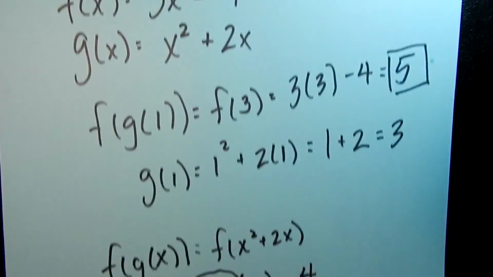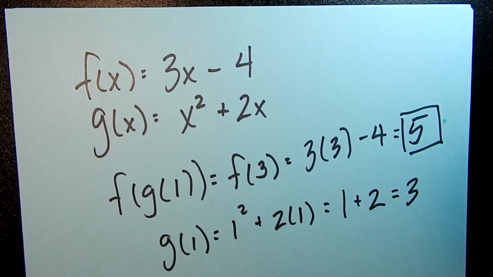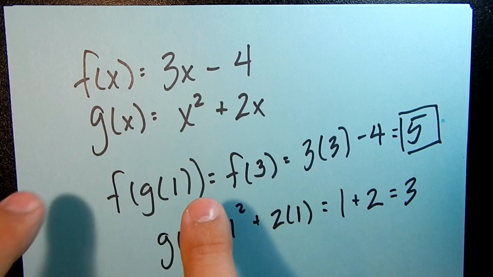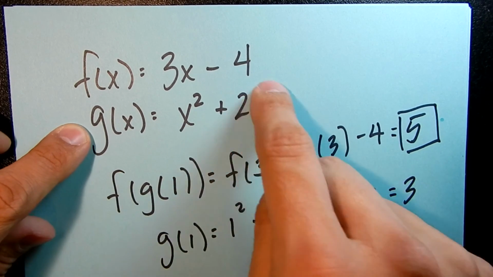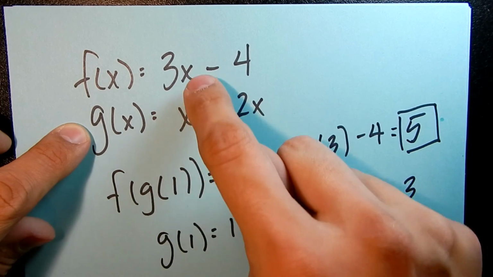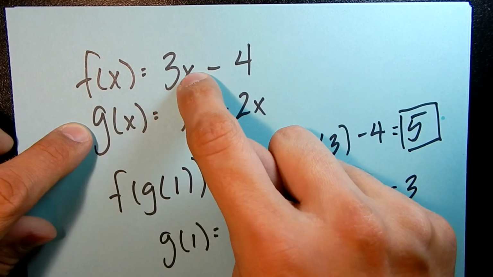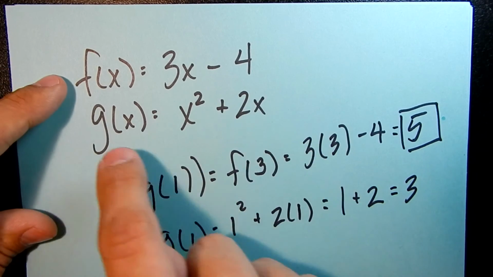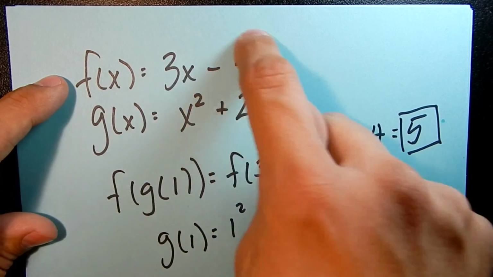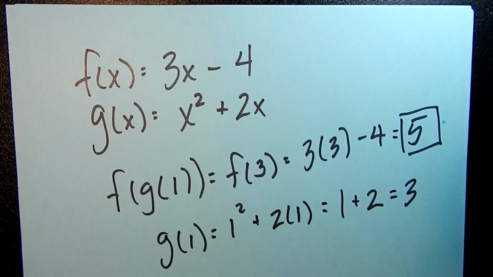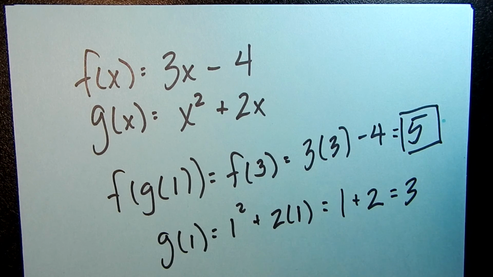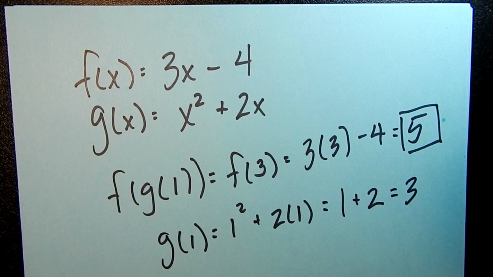The other way, which I tend to prefer to think about, is if I'm finding f of g of x, it just means I'm taking this whole piece and putting it into my variable right here. Or if I'm finding g of f of x, I'm taking this piece and plugging it into my variables here. So either way, it's the same process, but it just feels different conceptually a little bit.